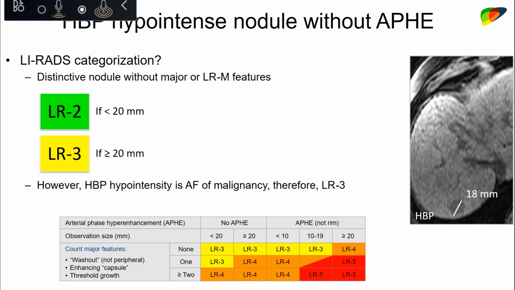If you have a distinctive nodule without major features and without ancillary features, that would be LR2 if it's less than 20 millimeters. However, if you have a distinctive nodule without major features, but it additionally has ancillary features of malignancy, and it's less than 20 millimeters, that would be LR3. So this would be LR3 based on the hepatobiliary phase hypointensity.